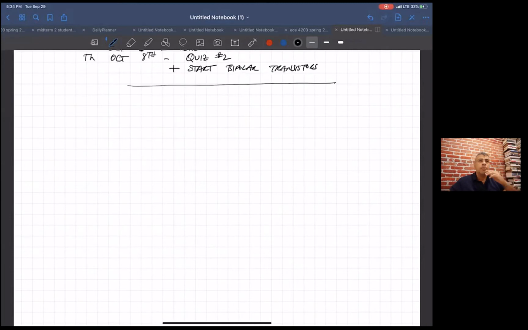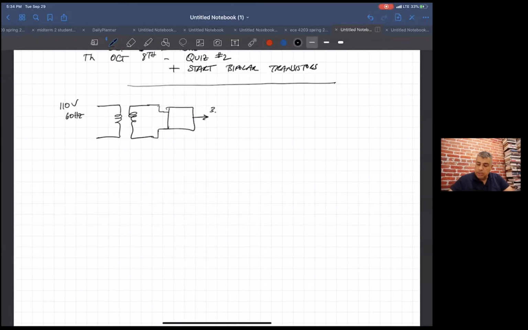If you crack open your PC, you're going from the wall, which is 110 volts, 60 hertz, to something that ends up giving probably something like 3.3 volt DC to your device, a laptop or cell or something like that.